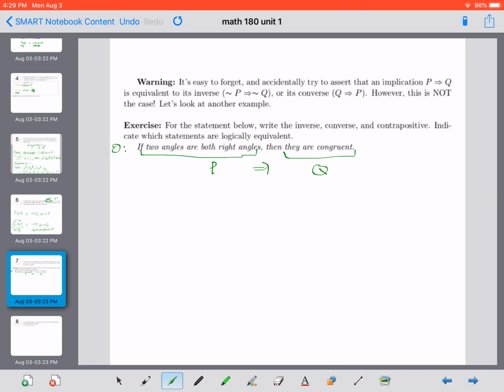Okay, let's start with the converse, because it's the order I wrote the definitions. The converse is of the form Q implies P. So this would be a statement that looks like, if they are congruent, then two angles are both right angles. Or just to make this make more sense in English, we would say, if two angles are congruent, then they are both right angles.